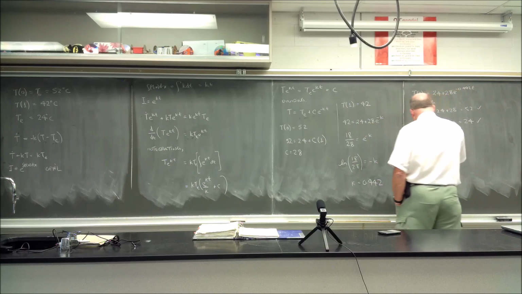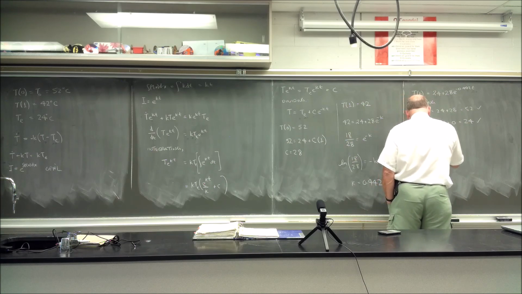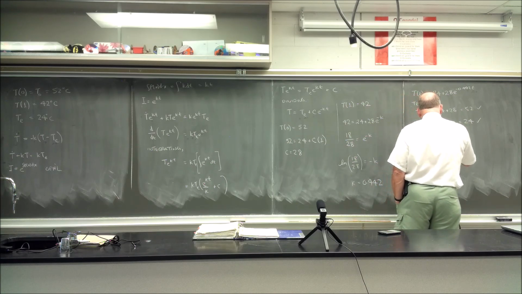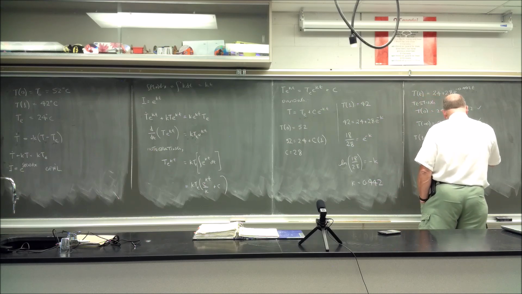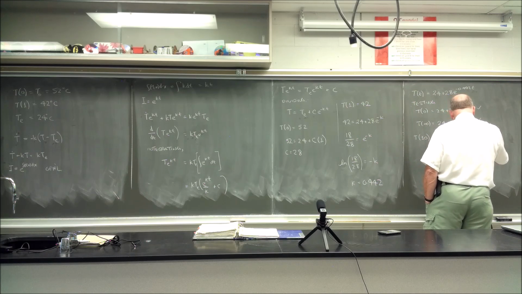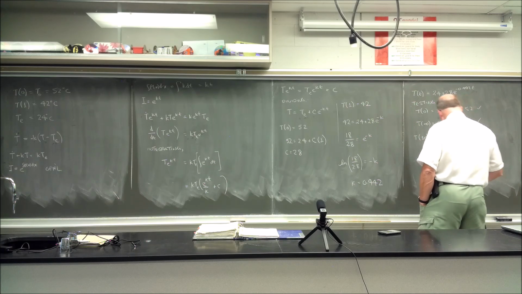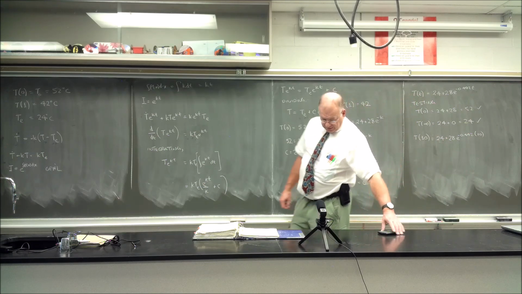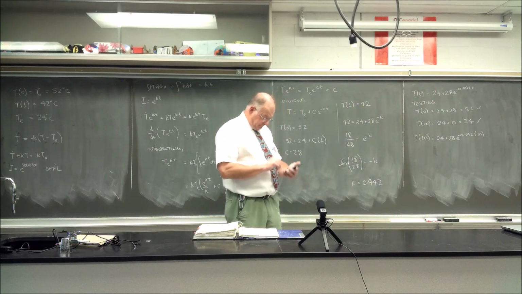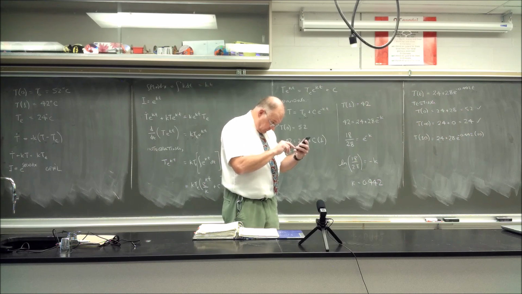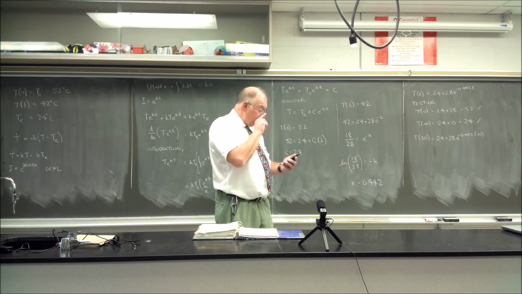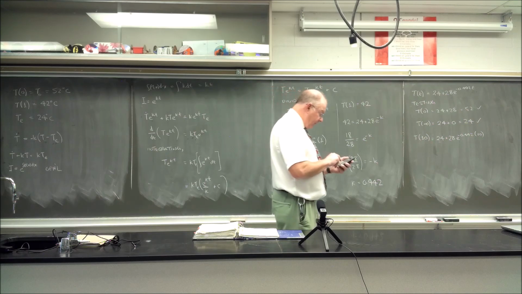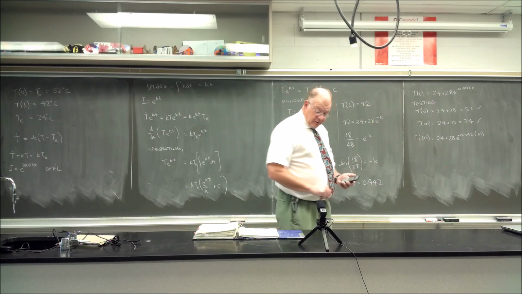All right, now let's evaluate T of 10, pardon me, which is what you're asked to do with the question. You have 24 plus 28 e to the minus 0.442 times 10. So let's see what we get. So e to the x, we're going to have negative 4.42, is equal to, and then we're going to multiply that by 28, and we get 0.337.